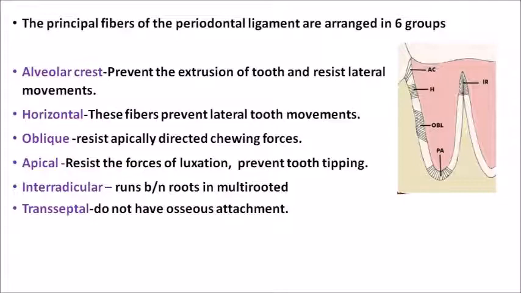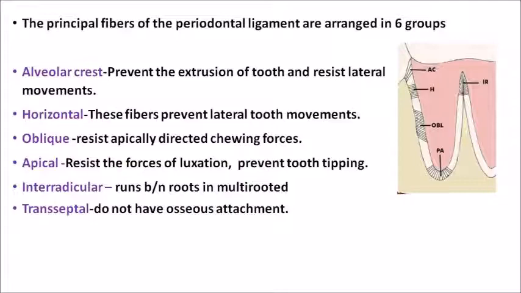Next group of fibers, as you can see, runs obliquely in an opposite direction to that of the alveolar crest fibers. Alveolar crest fibers, from the alveolar crest, were running coronally, whereas oblique fibers, from the alveolar bone, run apically to insert into the root cementum. Okay. Maximum number of fibers are oblique fibers, and they resist the chewing forces or the masticatory forces.